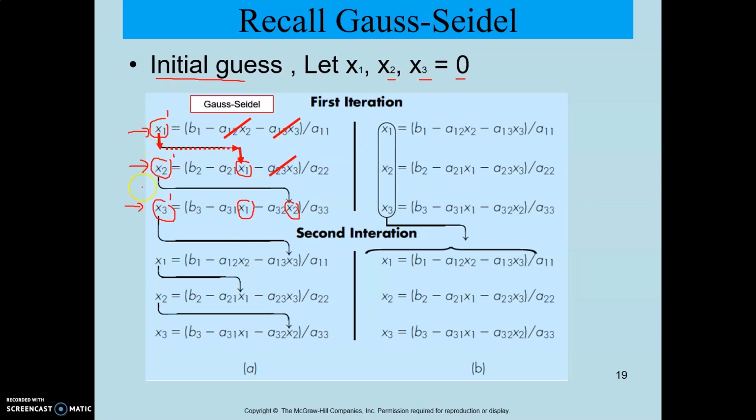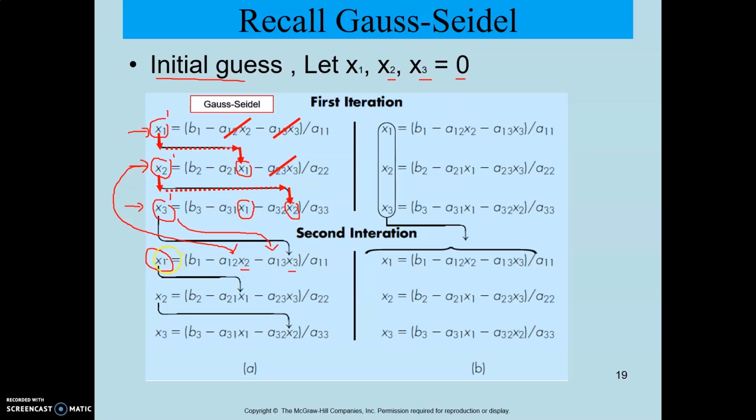So we continue to the second iteration. For the second iteration, the x2 and x3 can be obtained from here. We can substitute them here, then you can compute the x1 from this equation.